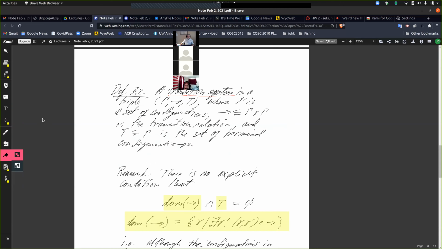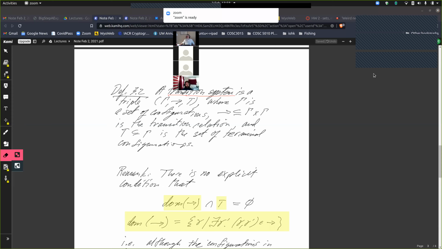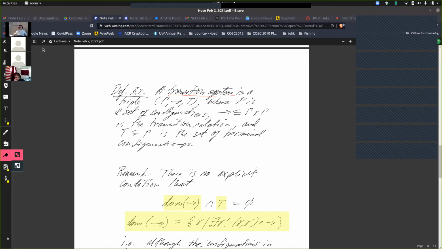How many people have seen finite state machines before? Or some kind of state machine. Raise your hand in your participants menu. It's hard for me to tell, it just shows me numbers.